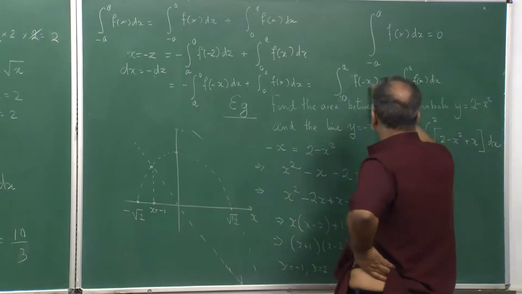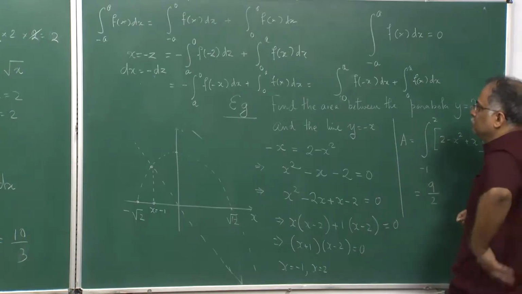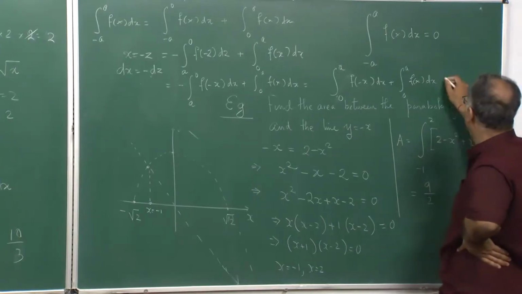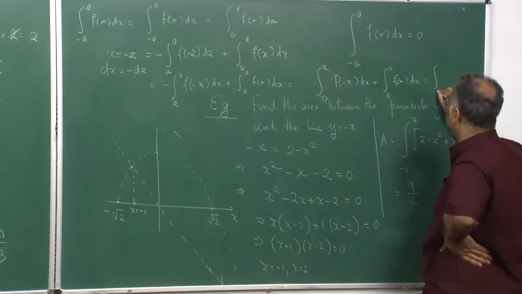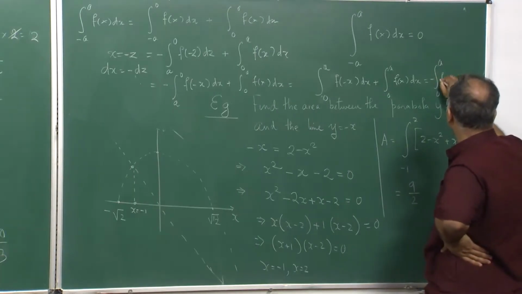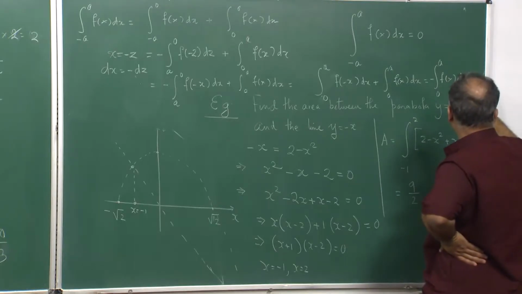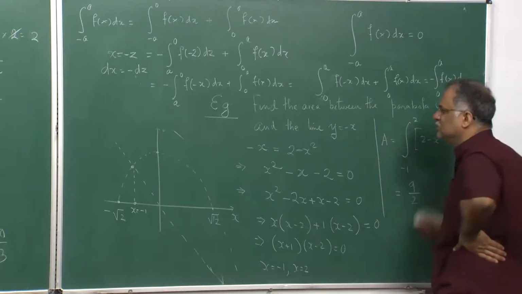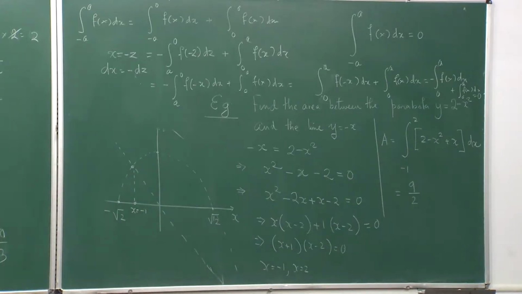But the function being odd, f of minus x is minus of f(x). So, this is nothing but 0 to a minus of f(x) dx plus 0 to a f(x) dx, which is equal to 0. That is it. That solves the problem actually.